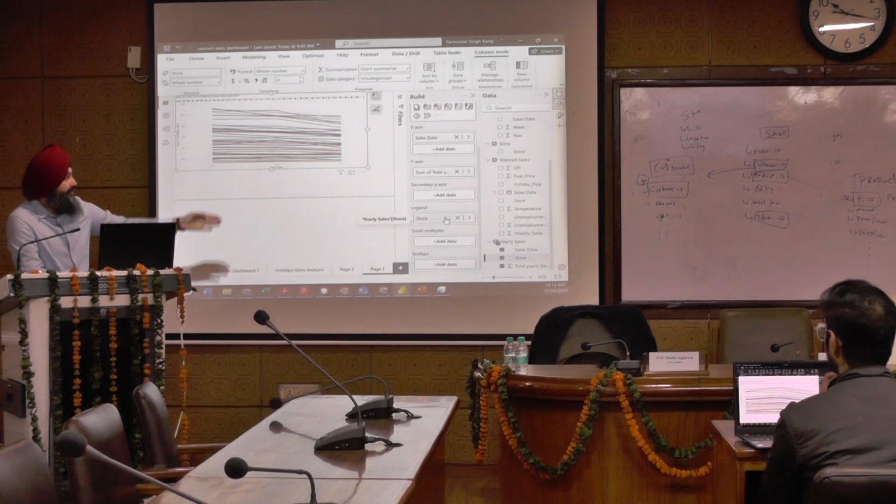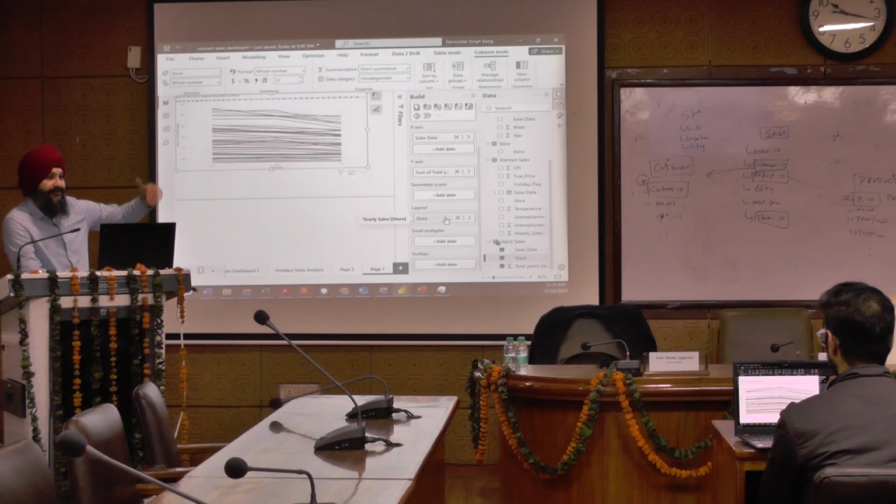Because we want to segregate data store wise. But anyways, overall trend, if you look at all the lines, it's kind of downwards. Sales is actually dropping for all the stores, going from 2011 to 2012, right?